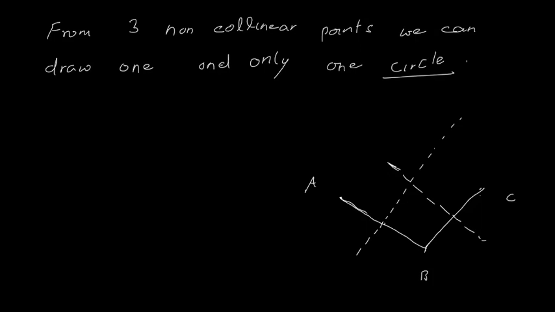Now what is the property of a perpendicular bisector? Any point on the perpendicular bisector is equidistant from the endpoints.